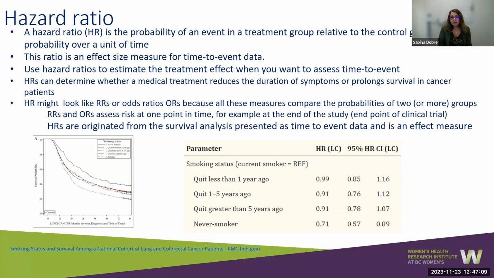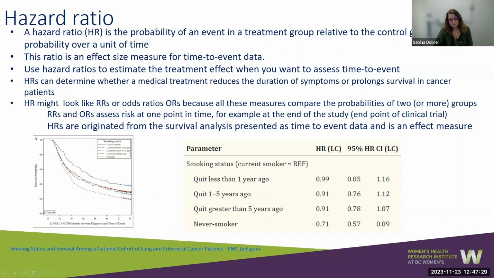So conceptually, if you look at it, it looks like it's the same, but it's not, because the hazard ratio is reported only for survival analysis, and it's an equivalent part of survival analysis and of how we present data for survival analysis.